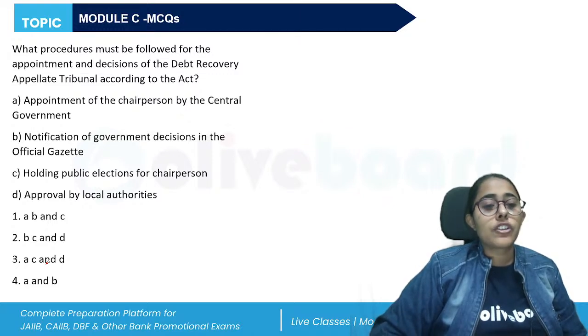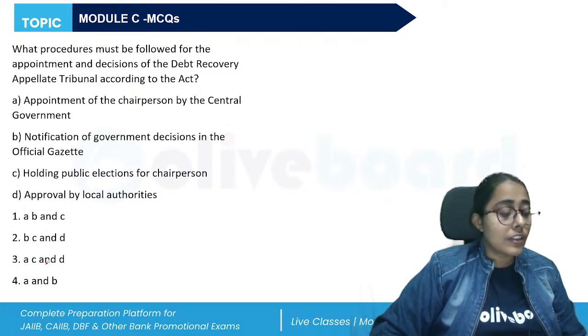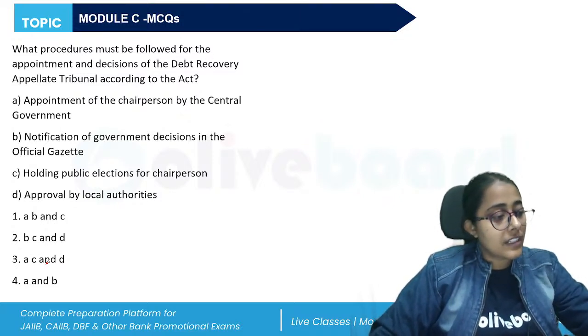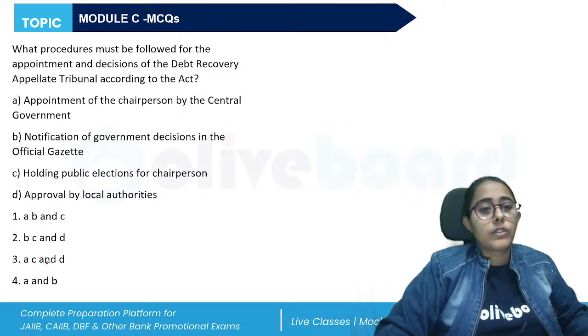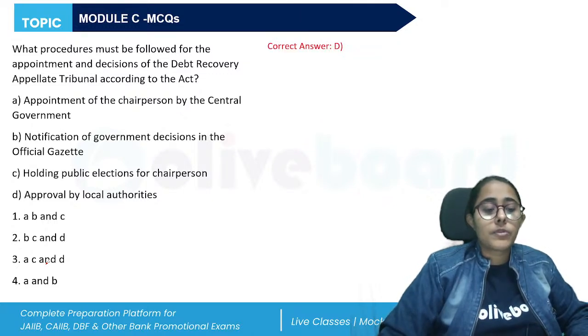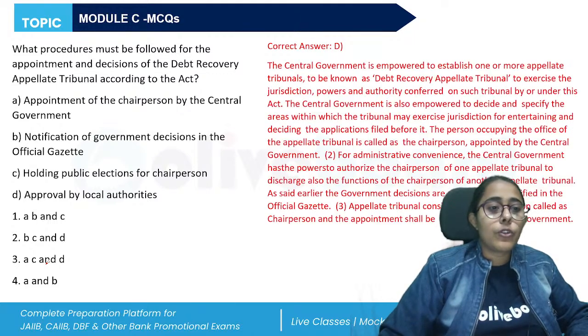The notification of the government decision has to be made in the official gazette. Then holding public elections: the chairperson is not selected by public elections and approval by local authorities. So what procedure must the DRATs follow for appointment and decision? The correct answer is option D, A and B only.